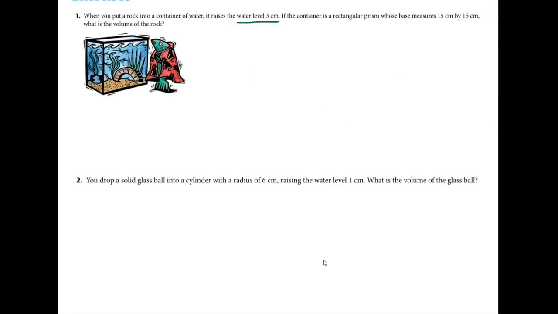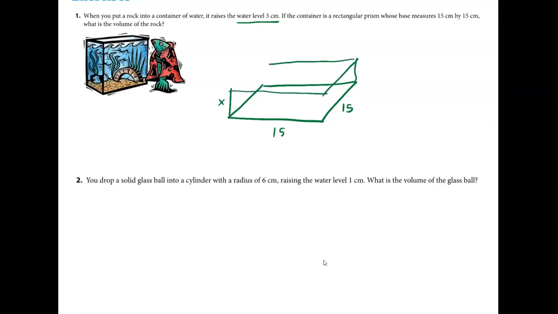Let's keep reading. If the container is a rectangular prism whose base is 15 by 15, okay, so we've got a 15 by 15 base. It goes up to some height that we don't care about. But what does matter is, here was the original volume of water in the container that keeps going up.